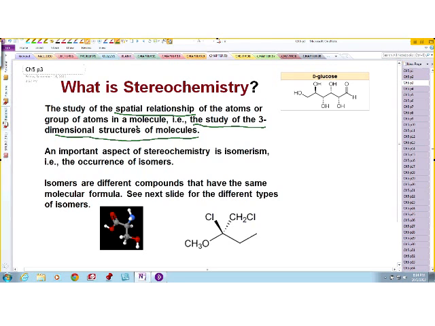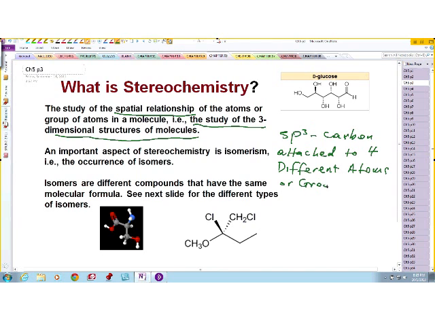And to do this, our focus will be on sp3 carbon that is attached to 4 different atoms or groups.